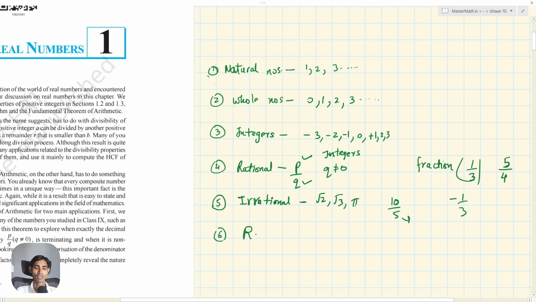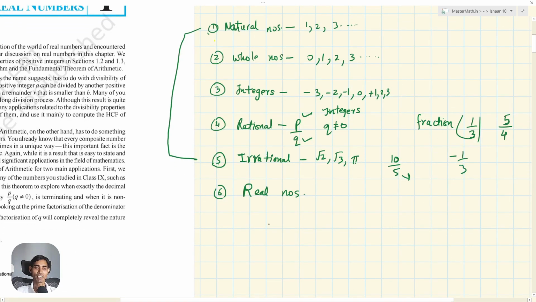And all these numbers are included in real numbers. The simplest definition is anything that you can represent on a number line is a real number. Can you represent 1 by 3, 1 by 2, minus 1 by 2? Yes.